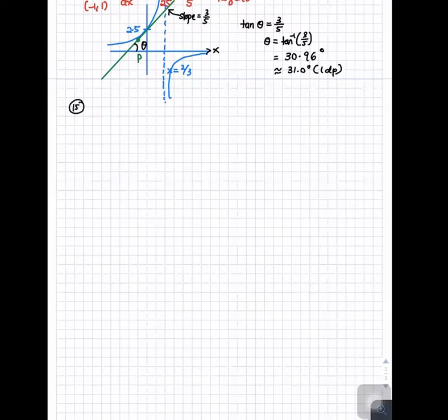The curve y equals 12 over 2x minus 3, minus 4, intersects the x-axis at P. The tangent to the curve at P intersects the y-axis at Q. Find the distance PQ. Okay.